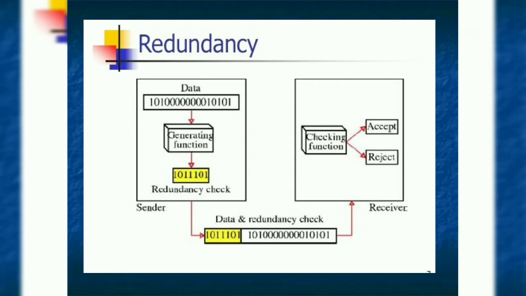If the number of ones is even, you add 1, and if the number of ones is odd, you add 0, as redundant bits. Then you transmit, and at the receiver side, depending on whether the number of ones is even or odd, it is accepted. This concept is used, and there are different methods to detect the errors. This is the concept of redundancy.